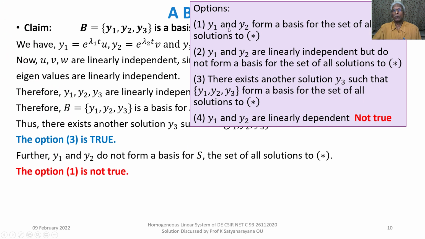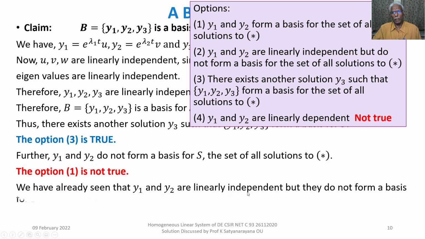So option 1 is not true: y1, y2 form a basis for the set of all solutions to star is not true. And we have already seen y1 and y2 are linearly independent, but they do not form a basis because we need 3 vectors for that.